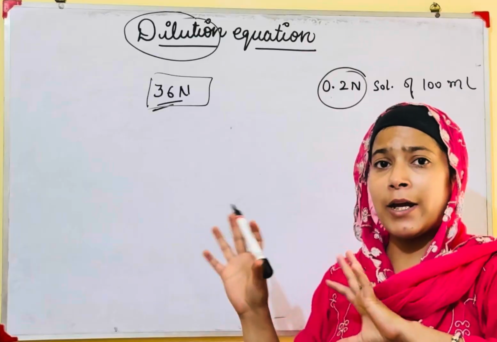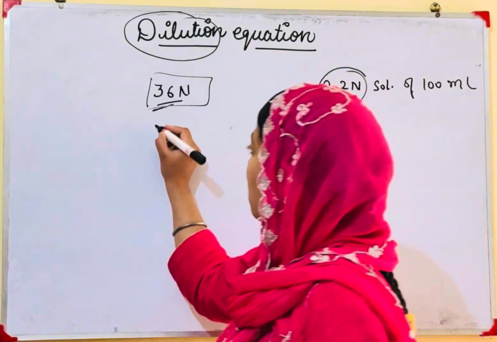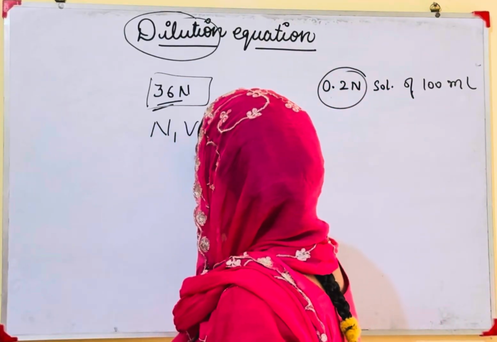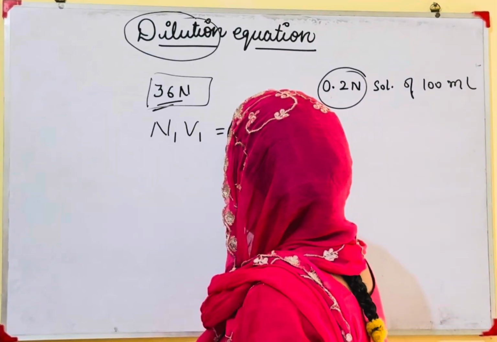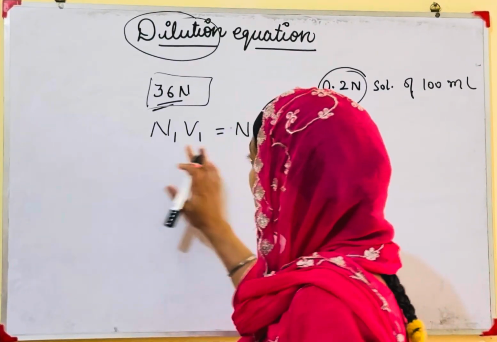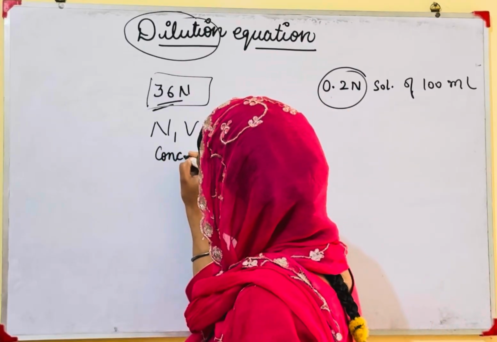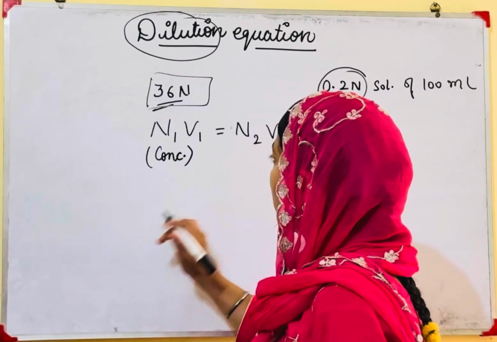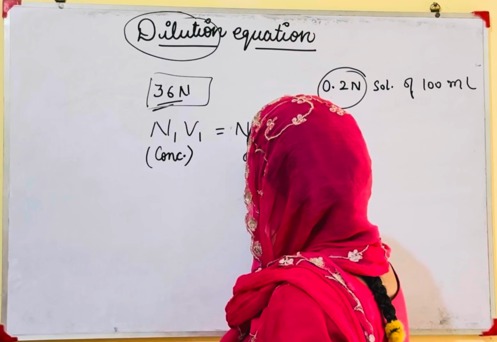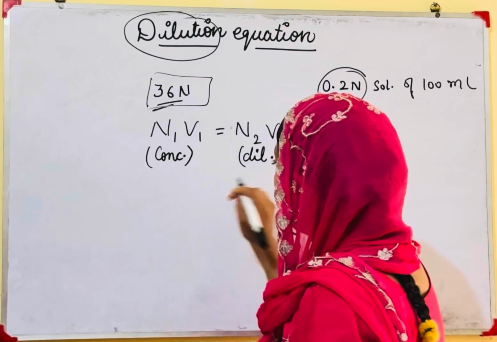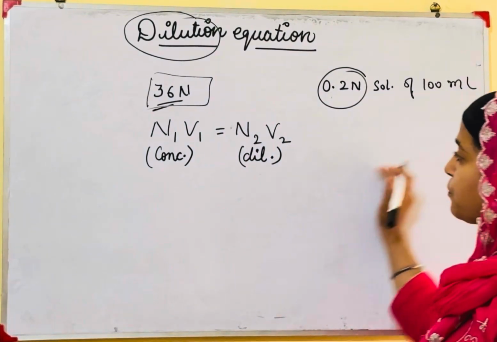Then how can we dilute? We can dilute by using this equation, N1V1 equals N2V2. Here N1V1 is for the concentrated solution, which is already given, and N2V2 is for the diluted solution in which we have to add water.